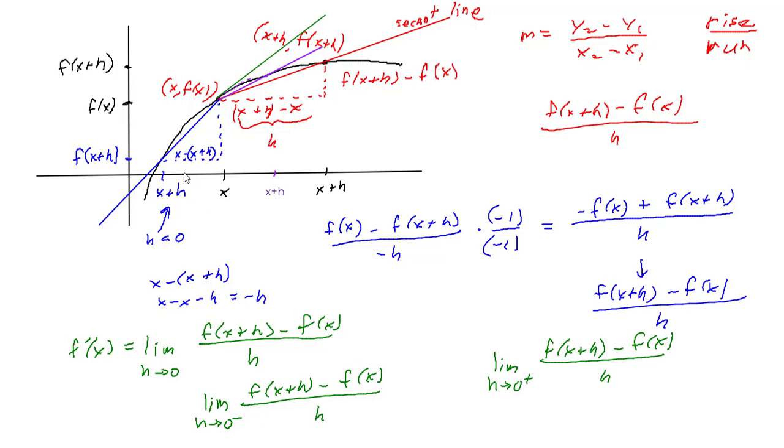So as h gets closer to 0, you could think of this point as kind of moving along this curve. So maybe if we take half as much for h, if this is our new x plus h, we'd have a point up here, and your secant line would be between those 2 points. But you can see again, as h gets smaller and smaller, these secant lines are going to approach, again, in this case, the same tangent line.